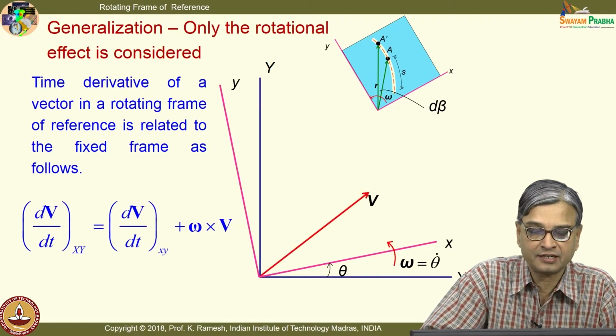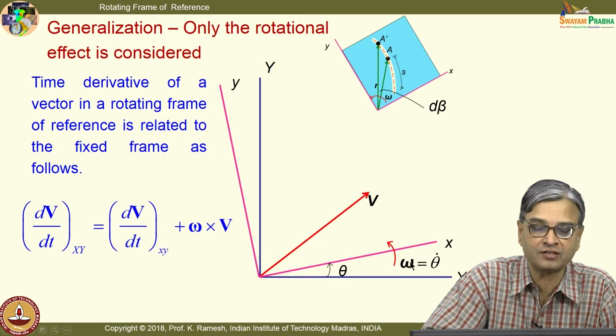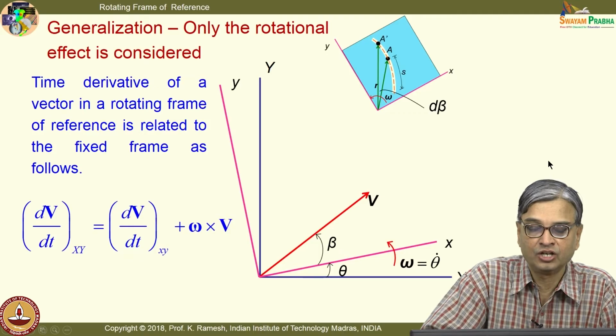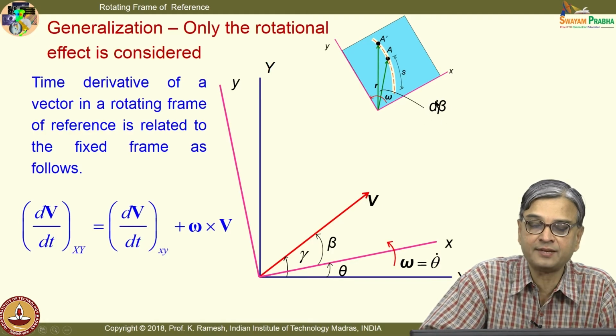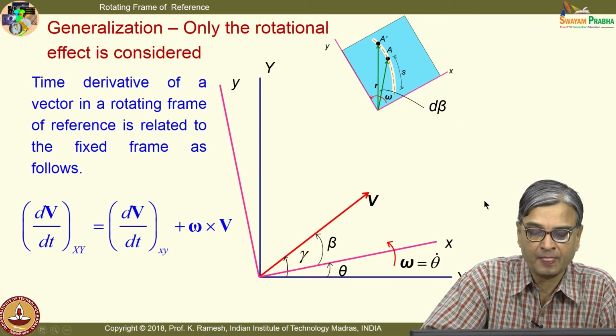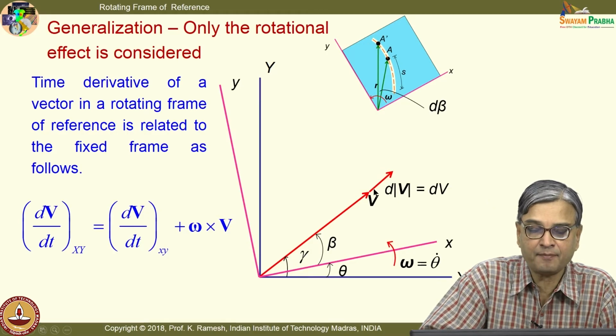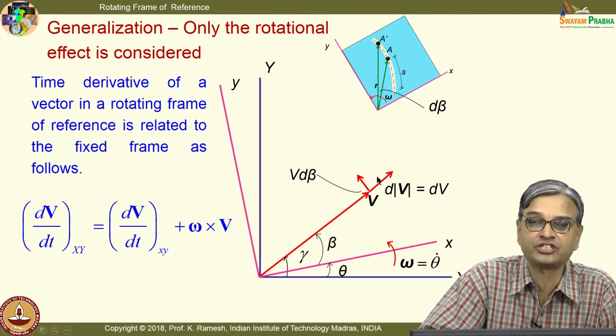the vector. Vector in space is denoted like this. You are able to get the components either with respect to the fixed frame of reference or to the rotating frame of reference. So, in a time delta t or dt, it is moved by a distance d beta. So, the vector has a magnitude change as well as a directional change.